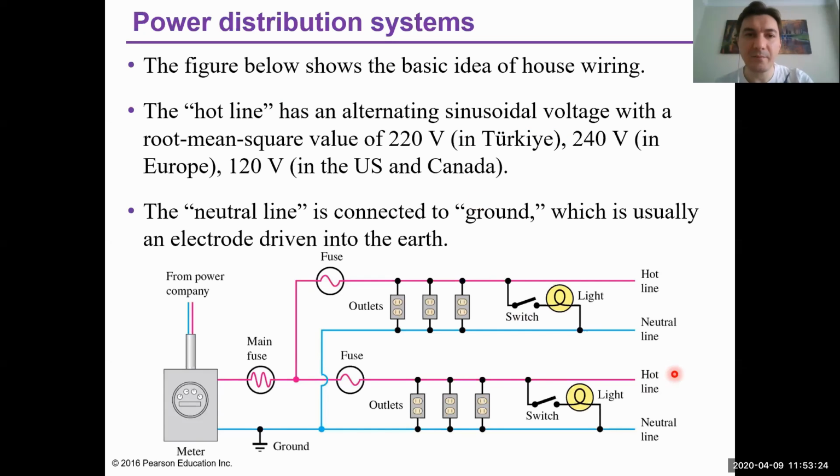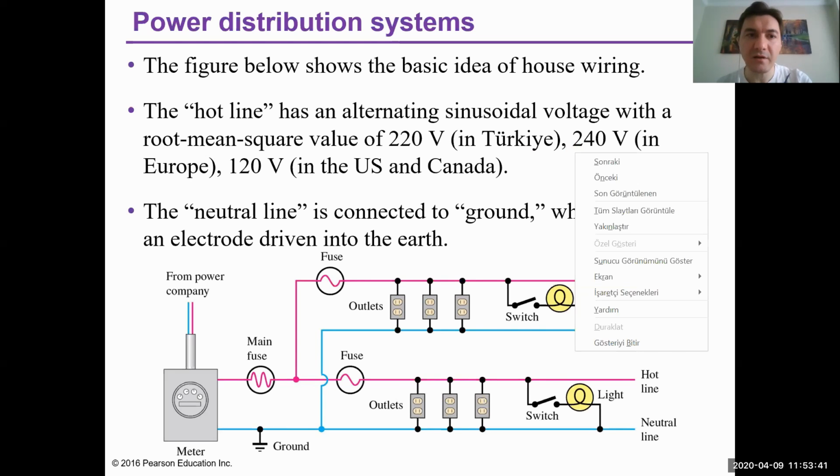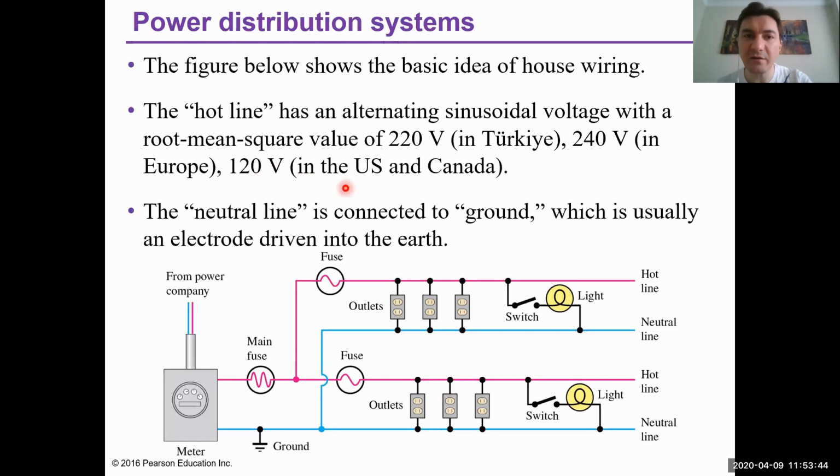So the hot line has an alternating sinusoidal voltage with a root mean square value of 220 volts in Turkey, 240 volts in Europe, and 120 volts in the United States and Canada. Okay, this red line, the hot line, provides that alternating voltage. The neutral line is connected to ground, which is usually an electrode driven into the earth. Okay, so you see that.